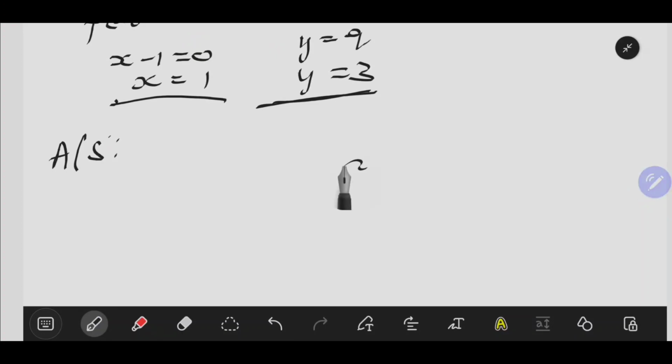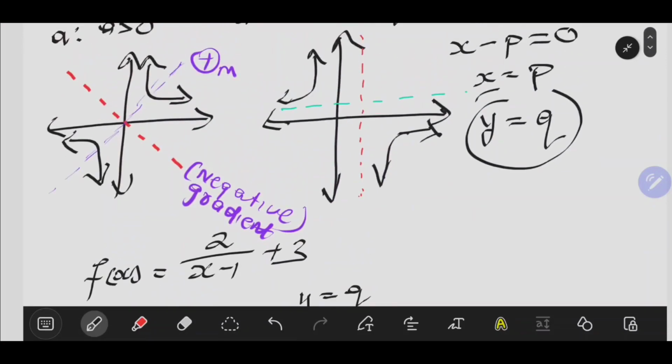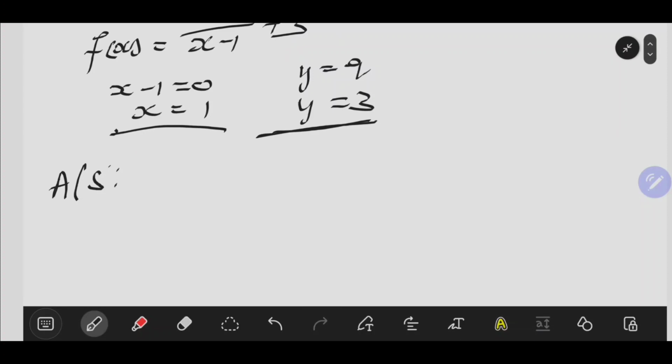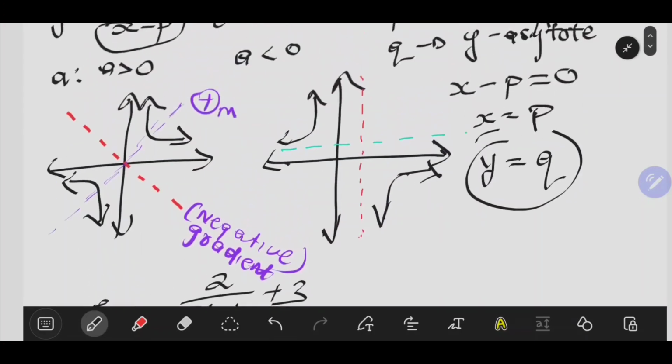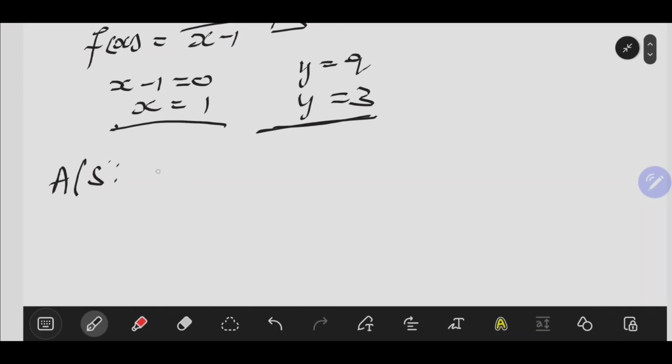So the equations of this axis of symmetry on a hyperbola, we know that it is noted in this way. For a negative gradient, okay, let's start with a positive gradient. For a positive gradient, we know that the equation for a straight line, because you can see that this is a straight line which divides this graph into two equal parts, is given by y is equals to mx plus c.